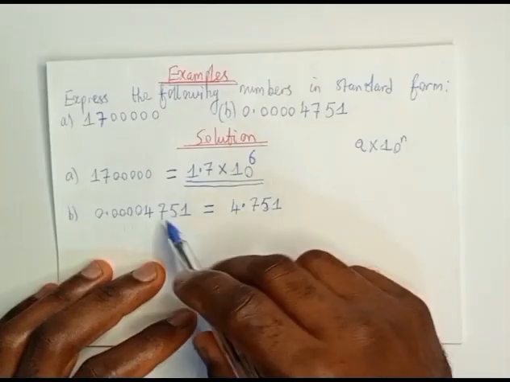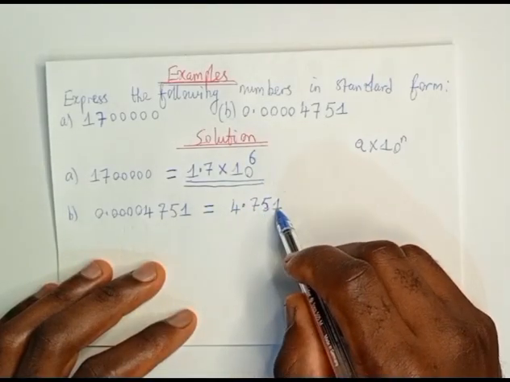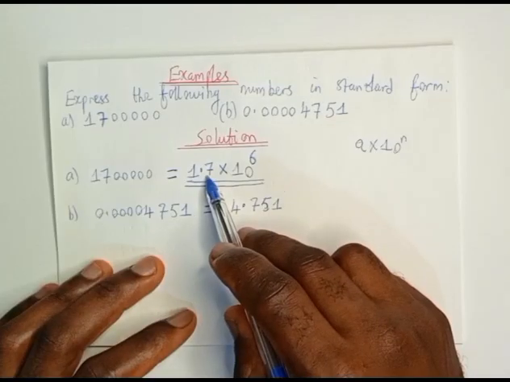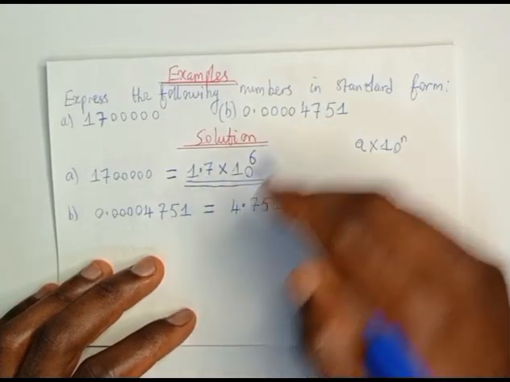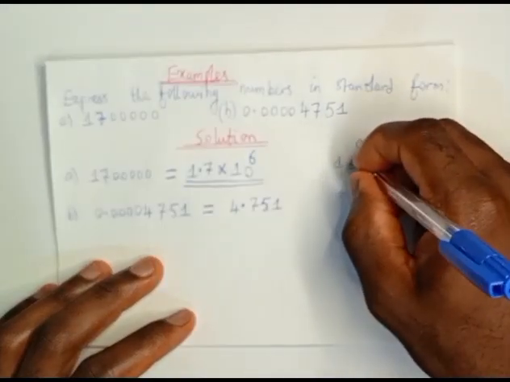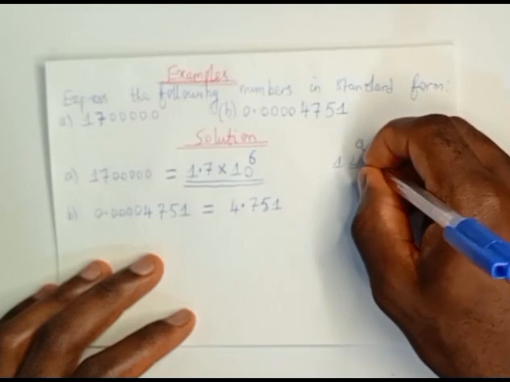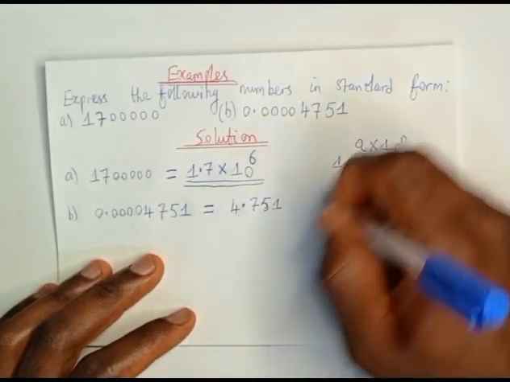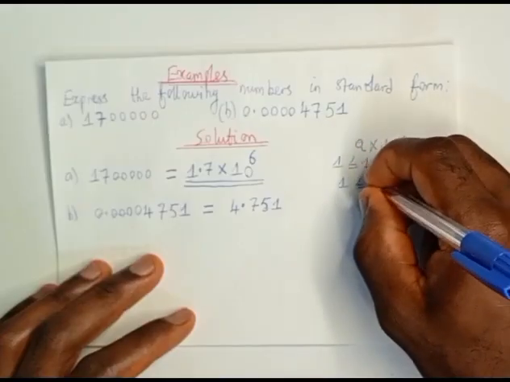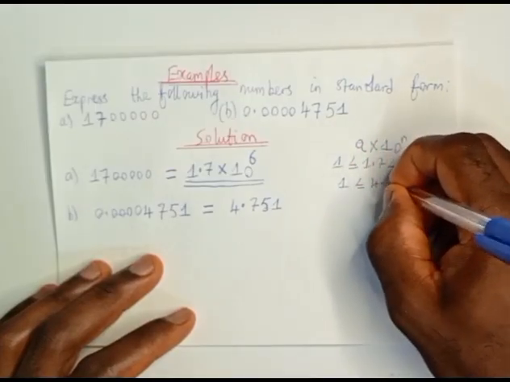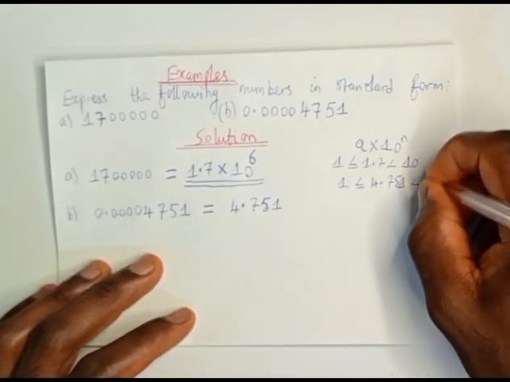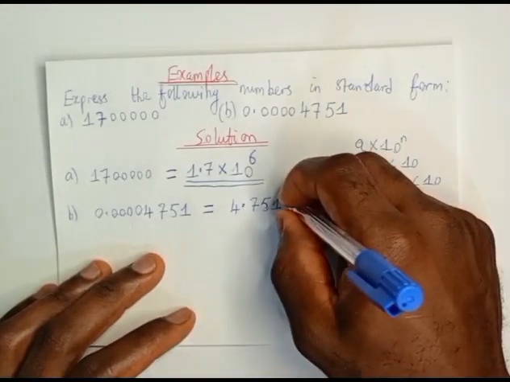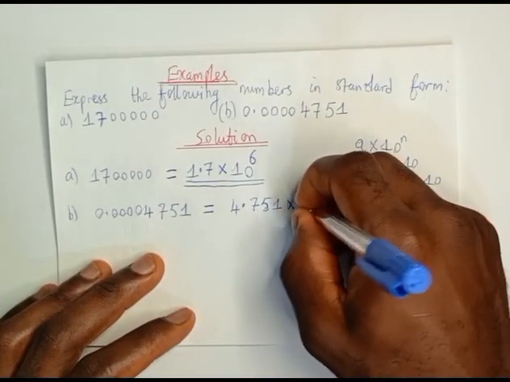We must write the 4 with all these other digits following. Like in the first case, 1.7 lies between 1 and 10, in this case 4.751 lies between 1 and 10. We are going to multiply this by 10.